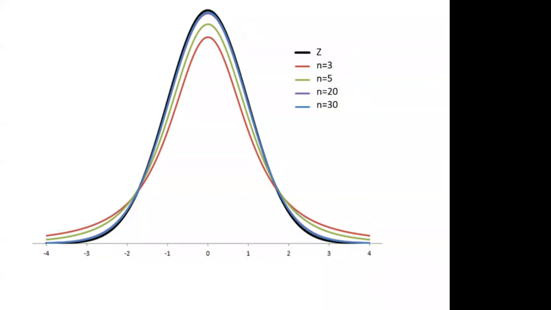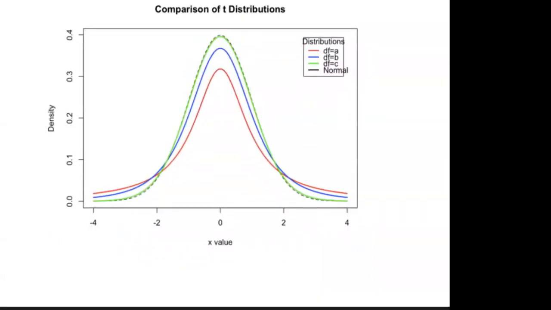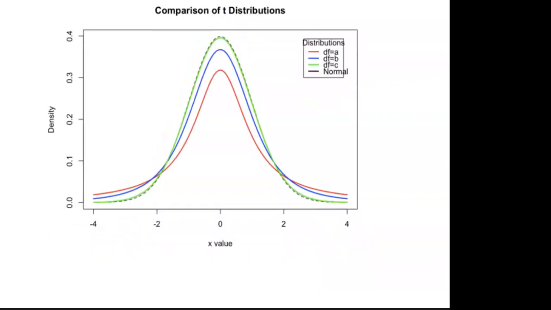Now here is another diagram of the same thing. It's also kind of nice to see. See, for n equal to 30, or around there, the black is the normal distribution. So they kind of overlap. For less than 30, you have blue and red. You can see here how these tails are a bit more stretched and it has a bit more probability over there.